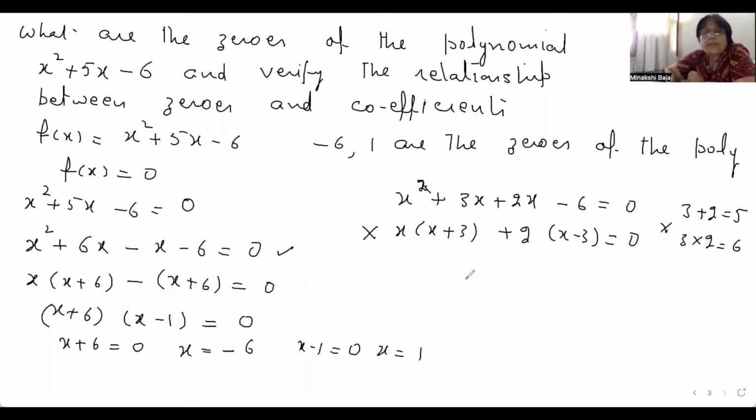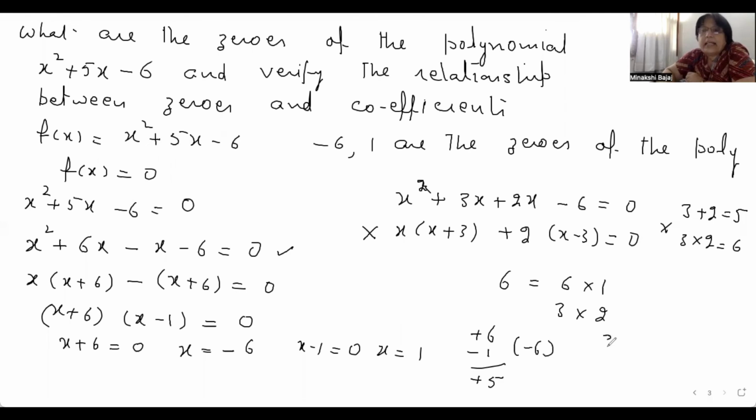Let me explain it again. Factors of 6 are 6 into 1, 3 into 2. 6 into 1, write 6 and 1. This is plus 6 and minus 1 is plus 5. If you multiply this, you will get minus 6. So this is right.